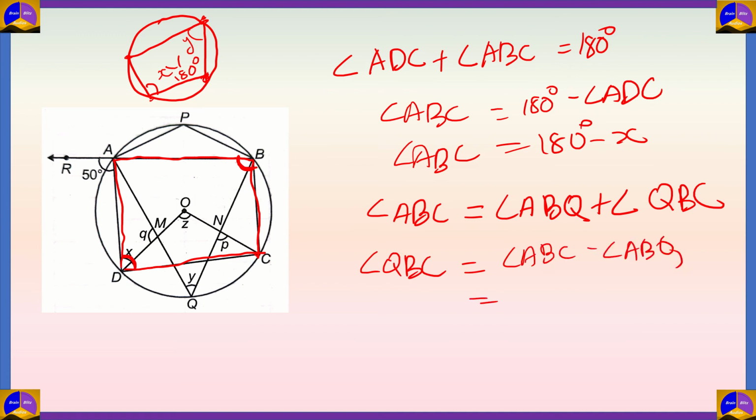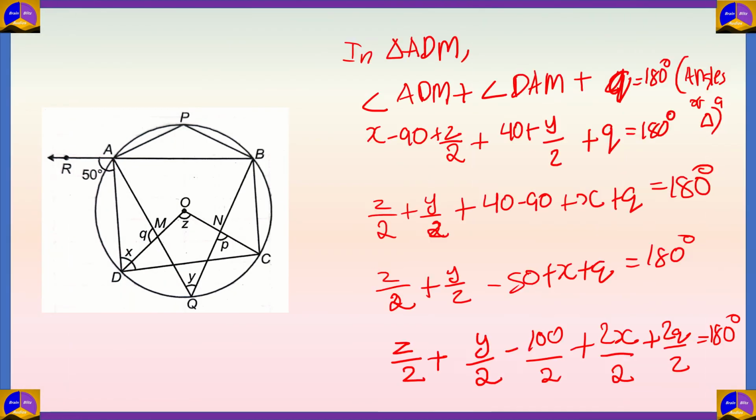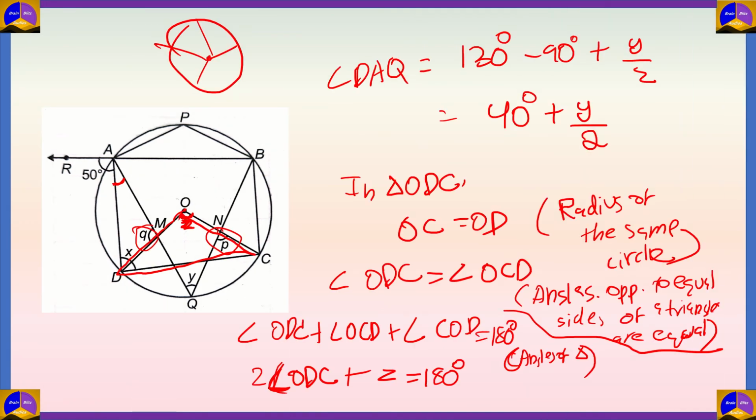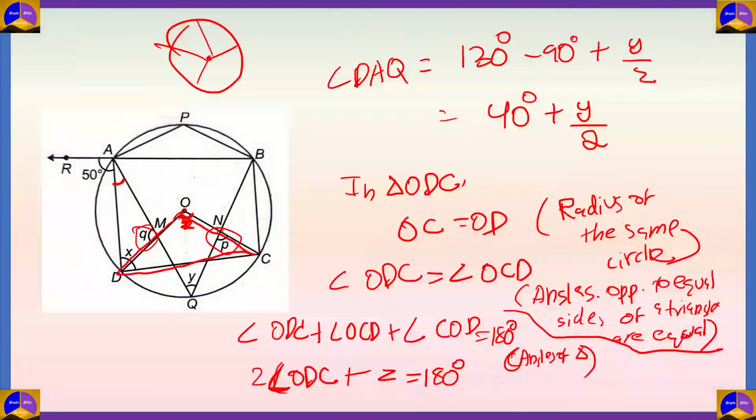Now, ABC, we just found out, is 180 minus X, and ABQ, we found at the beginning, is 90 minus Y divided by 2.